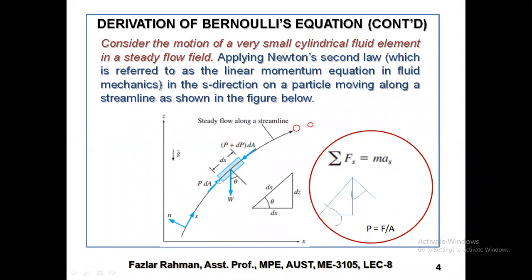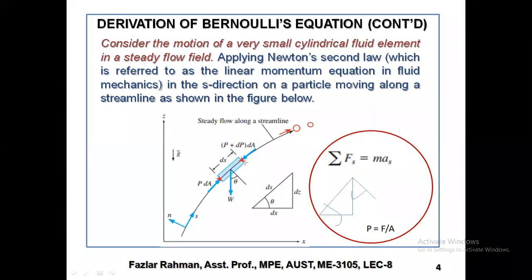Because somebody is pushing it from behind. That means that is the pressure energy pushing it along this direction. So if we are thinking this is a cylindrical fluid element, we are thinking right over here the area is dA, right over here the area is dA.